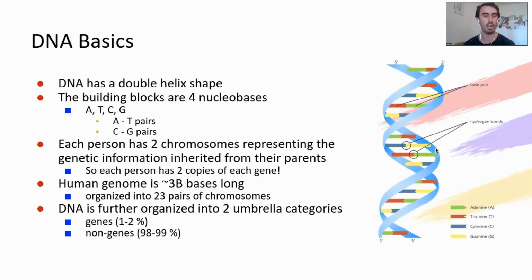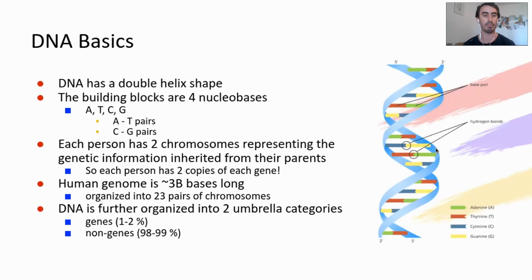It's specific. The human genome is 3 billion bases long and is organized into structures called chromosomes. There are 23 pairs of these, totaling 46 chromosomes. And for each pair of chromosomes, we inherit one copy from one parent and the other copy from the other.